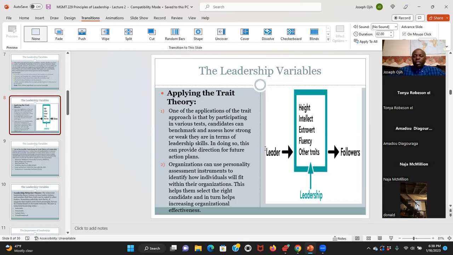By participating in those tests, the people who take them can get a hint on the direction for future action plans, and ascertain how strong they are in terms of leadership skills.